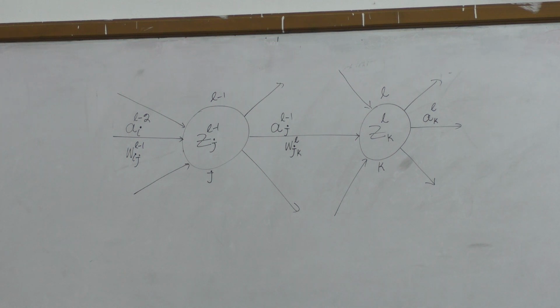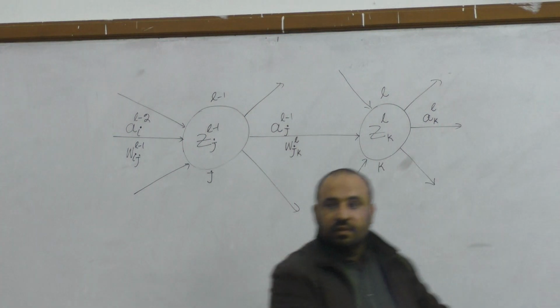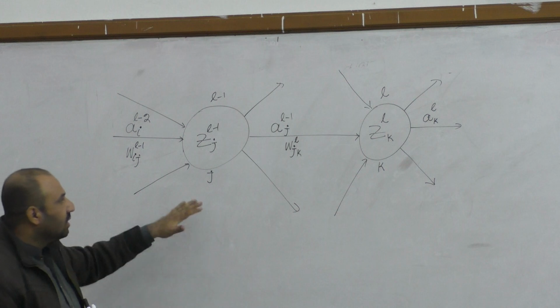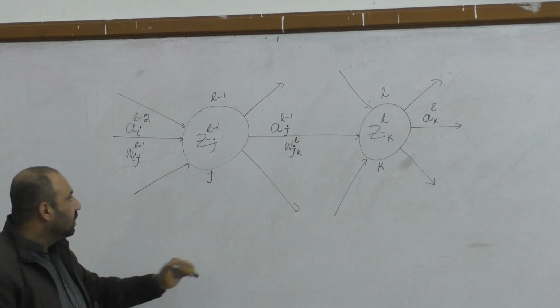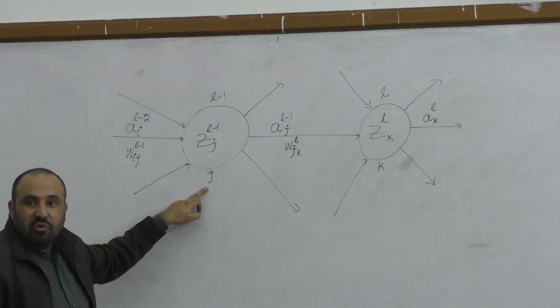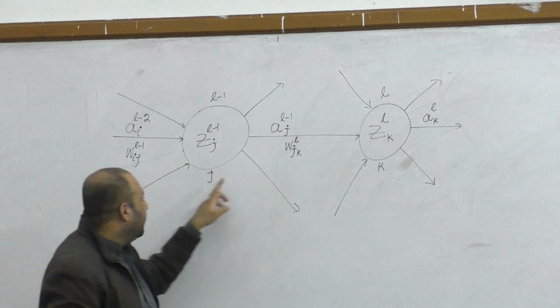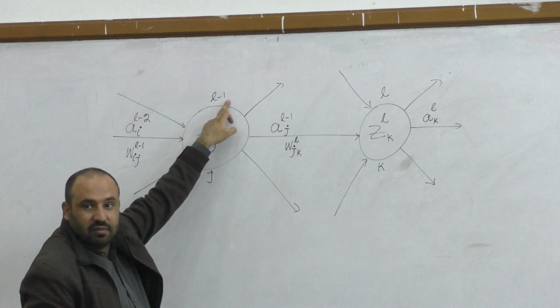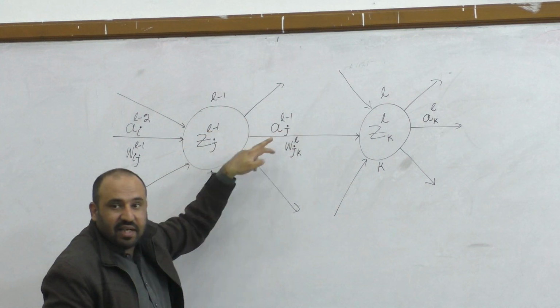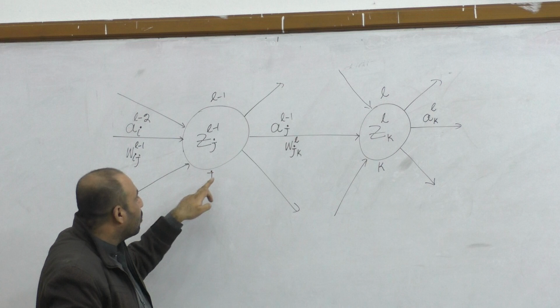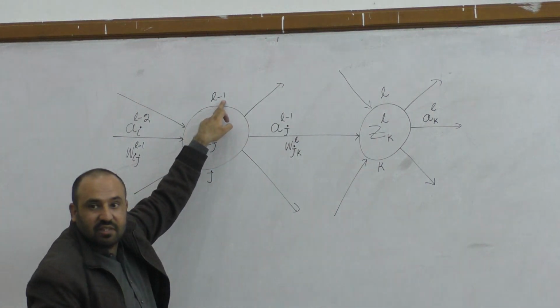सर, ये Aij पूरा समझ नहीं आ रहा। सॉरी, ये दोबारा से देखें। This is a jth neuron. This is a kth neuron. This is jth neuron of layer L-1. Whatever it will produce at the end of the day, that is the output of jth neuron of layer L-1.